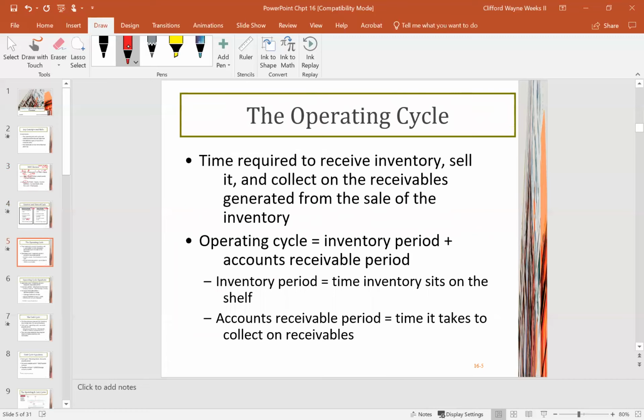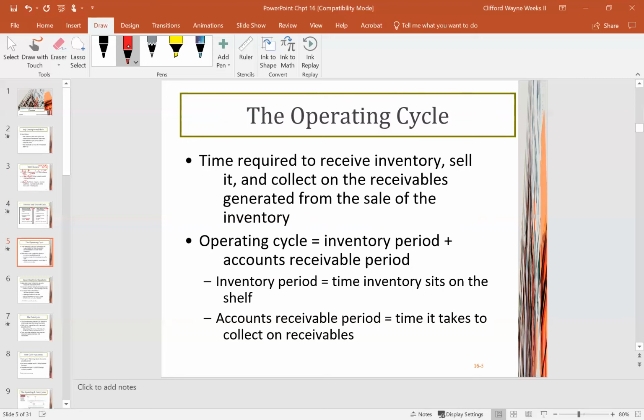So what we're going to be looking at is an operating cycle. Kind of interesting for those accounting majors out there: you actually know that the term current, when we talk about it in Accounting 201, 202, is a little naive, isn't it?